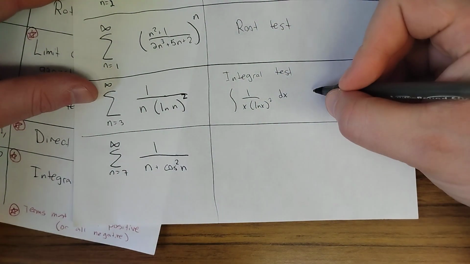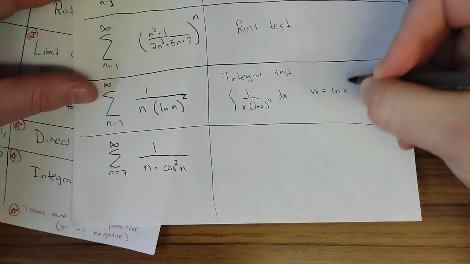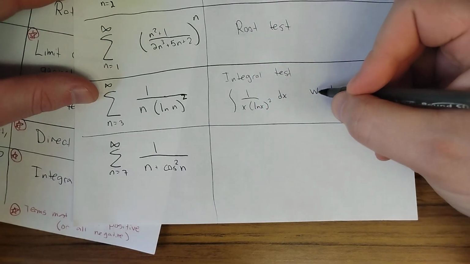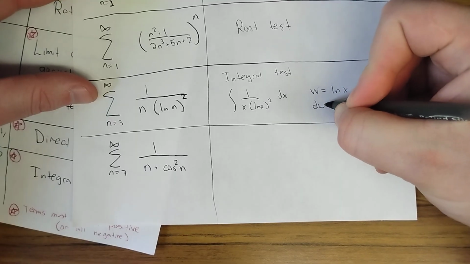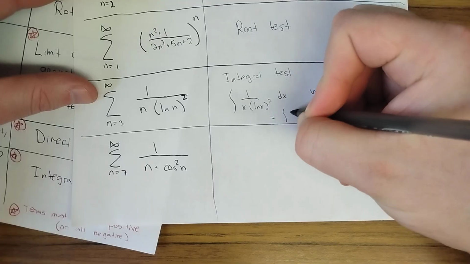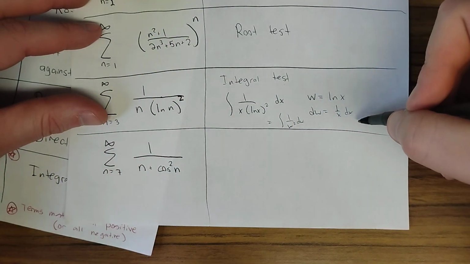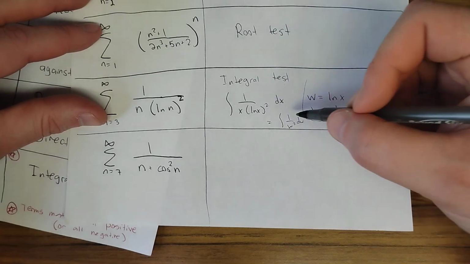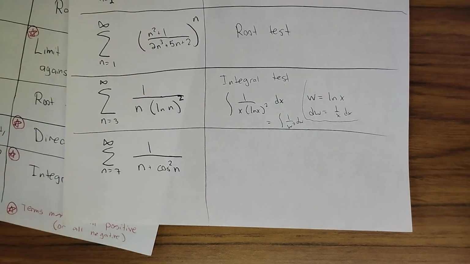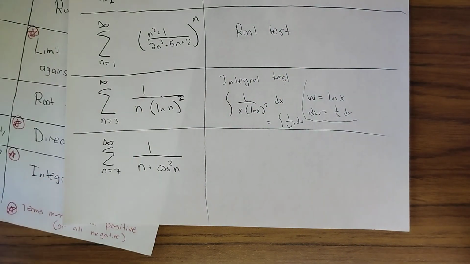And I'm going to be very light on showing all the work, but doing a quick substitution where w is ln x, dw is 1 over x dx, this turns into 1 over w squared dw. So this is something that we would be able to integrate, and seeing that you're not going to have a problem doing that is a good indicator that pursuing the integral test might really tell you something.